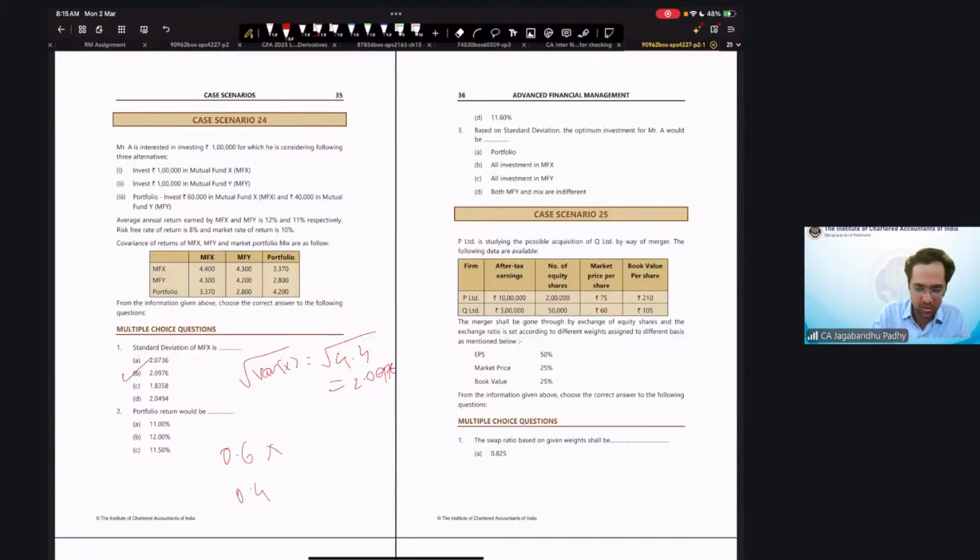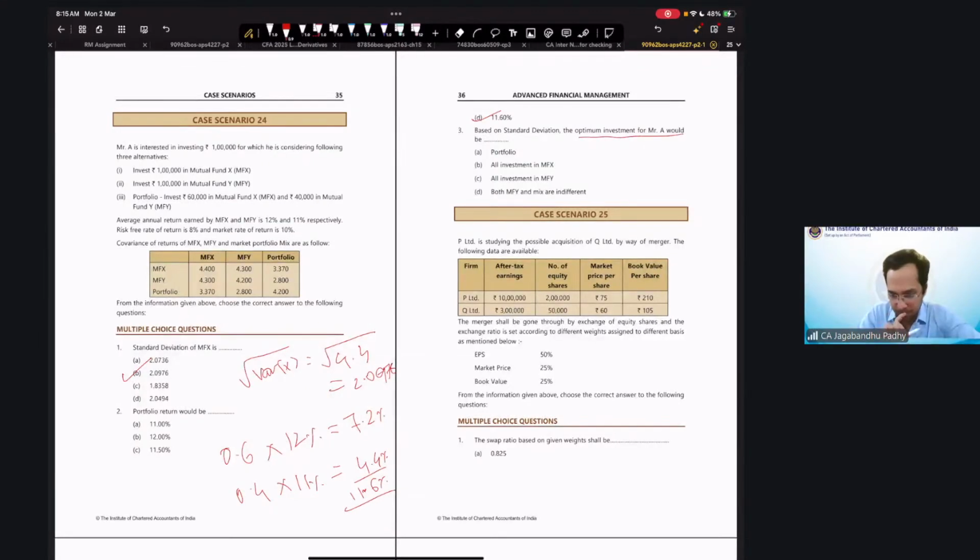So 0.6 into 12% is 7.2%, and 0.4 into 11% is 4.4%. So total is 11.6%. Option D.